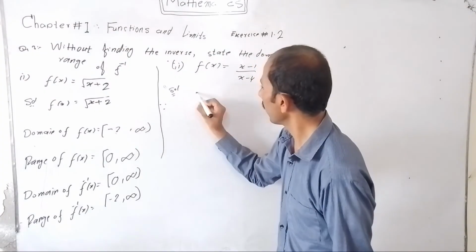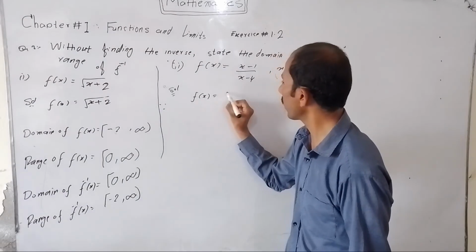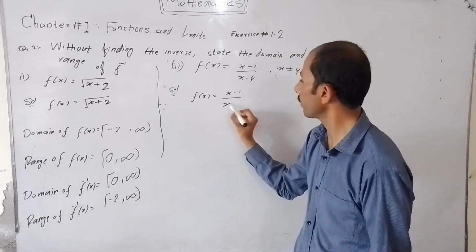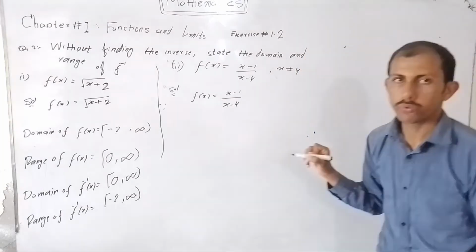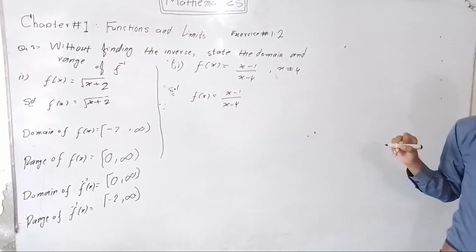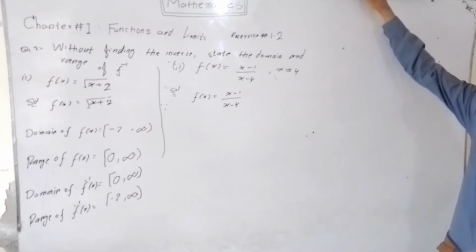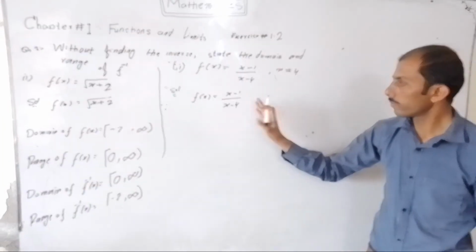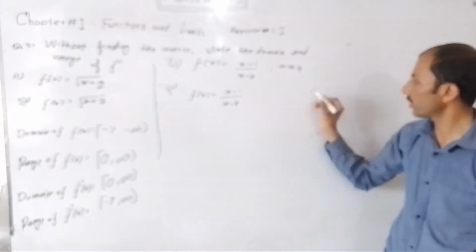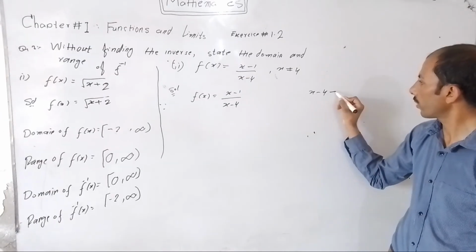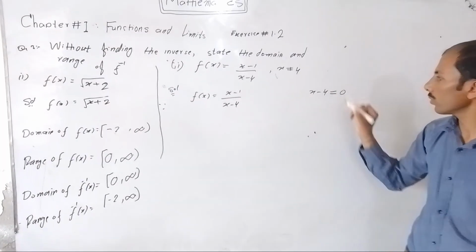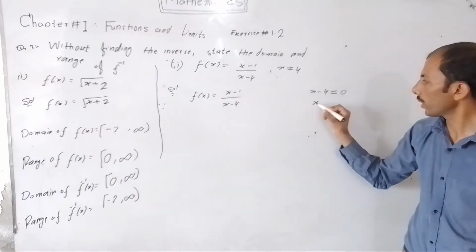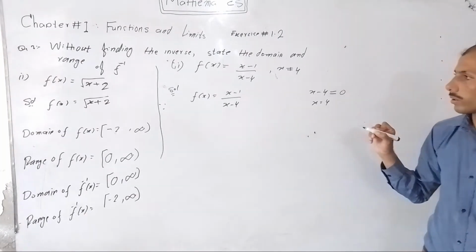Solution, f of x is equal to x minus 1 divided by x minus 4. In this type, first of all, denominator function x minus 4 is equal to 0. So x is equal to 4.